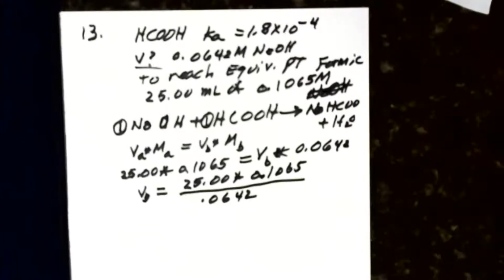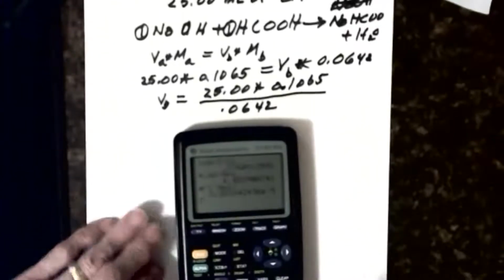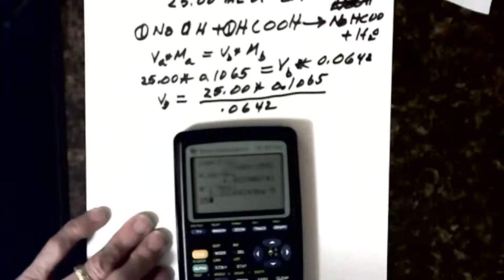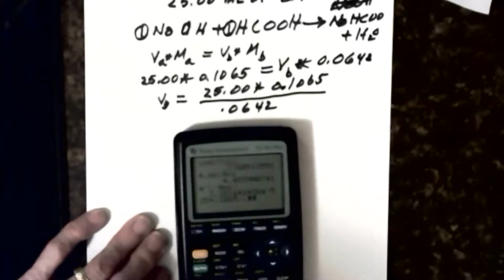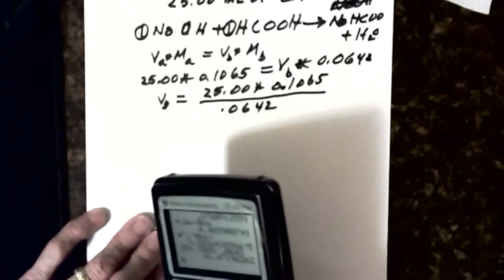So if I take 25 times 0.1065 and divide it by 0.0642, I should be coming out with 41.47.